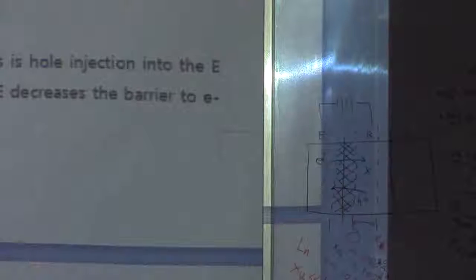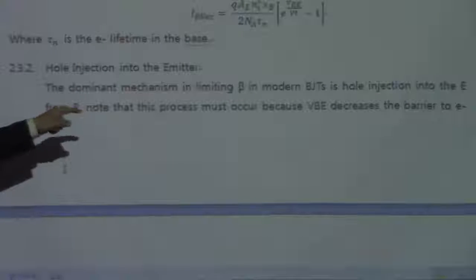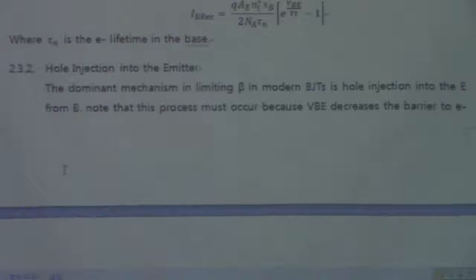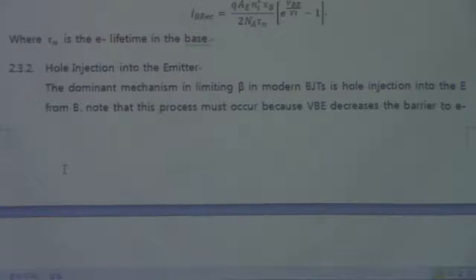So we have to take that into account. The dominant mechanism in limiting beta, the gain, in modern bipolar transistors is hole injection into the emitter from the base. And this process must occur because we do apply a voltage between base and emitter.